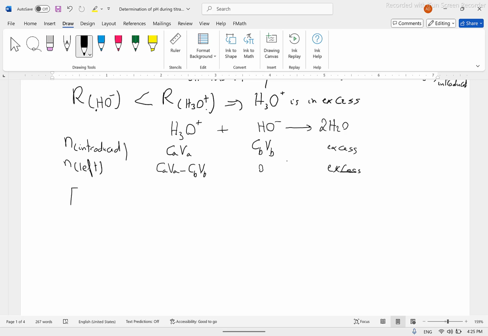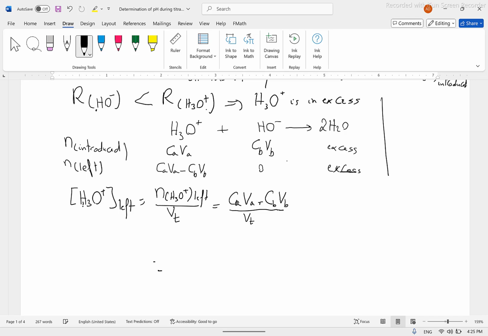Now the concentration of H3O+ left equals the number of moles of H3O+ left over V total, which equals CaVa minus CbVb over V total.